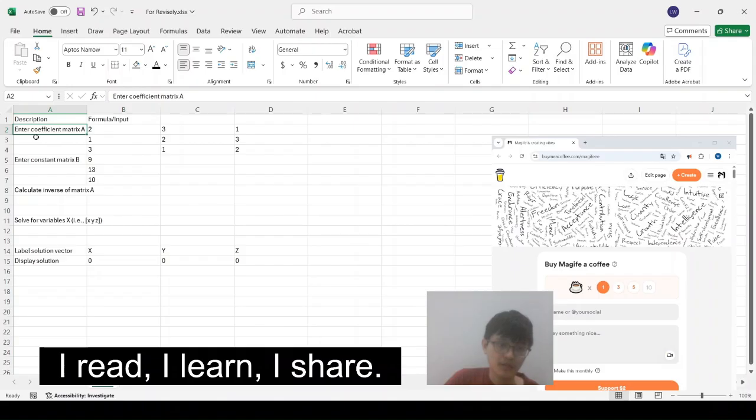So this is the coefficient matrix A, the respective coefficients of x, y, z. Basically we just copy the values.